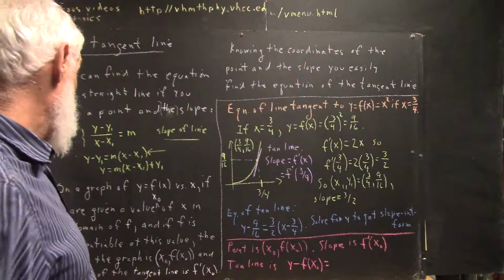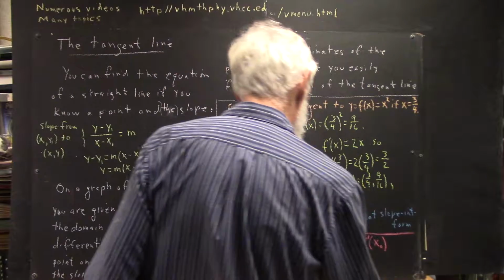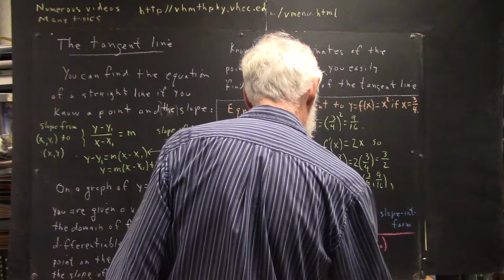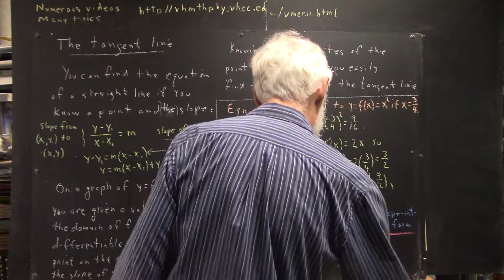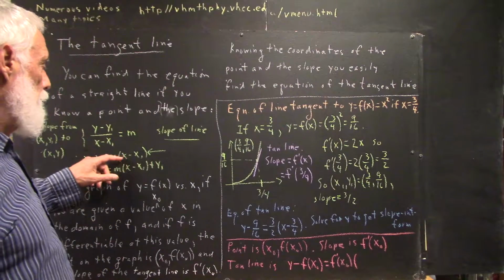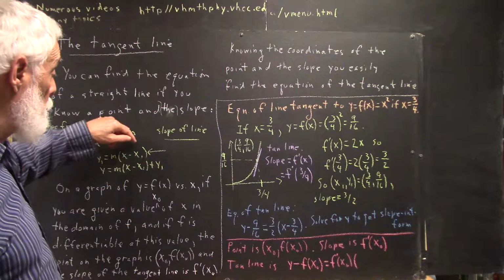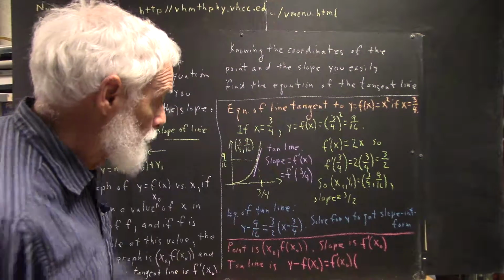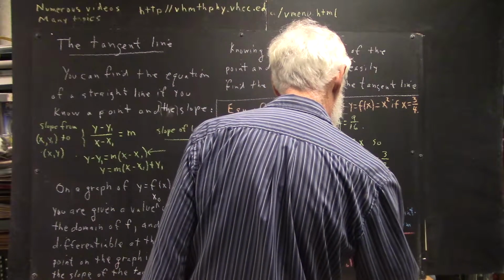It's f prime of x naught, so slope goes here. It's f prime of x naught multiplied by what? x minus x1. Again, x1 being the coordinate of the point, which here we've called x naught. So it's x minus x naught.